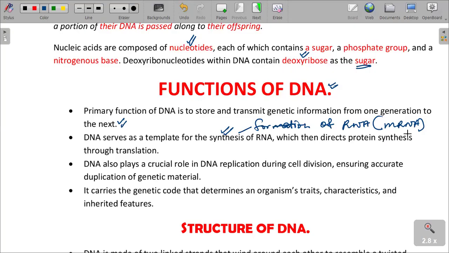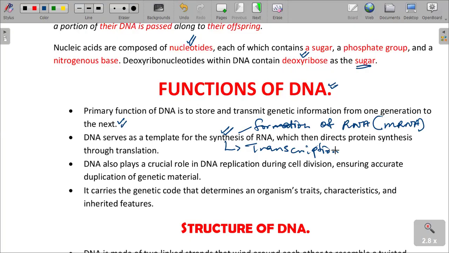Formation of RNA takes place during transcription, when DNA makes a single strand from itself. We are saying DNA information is being transcribed, transferred from the DNA molecule into an RNA structure, which is a single strand.